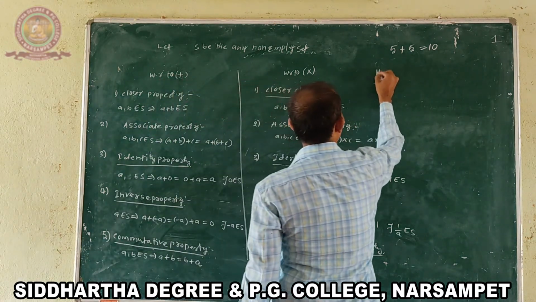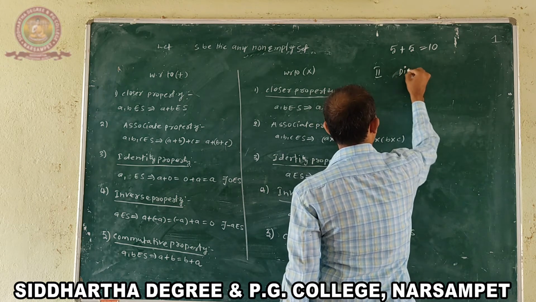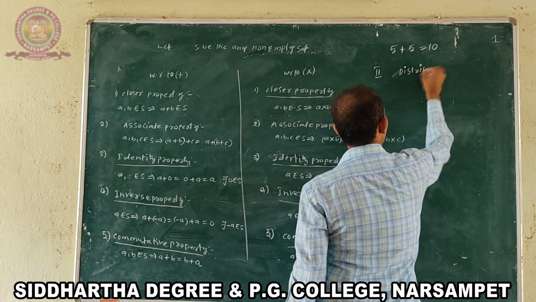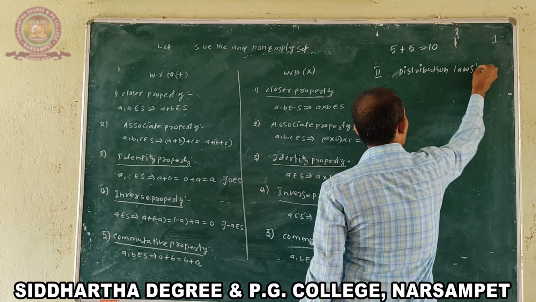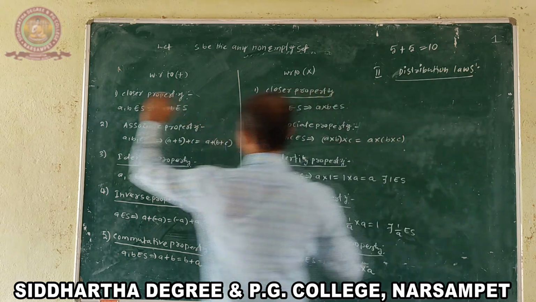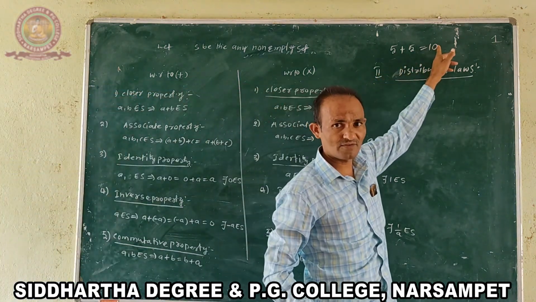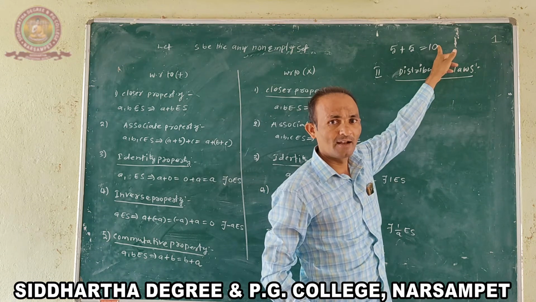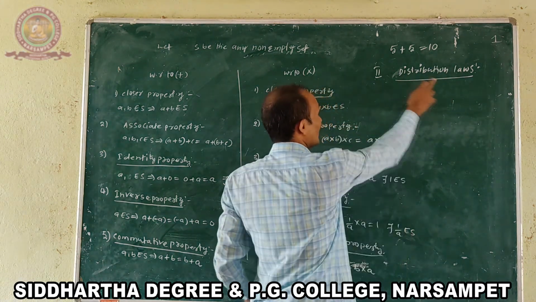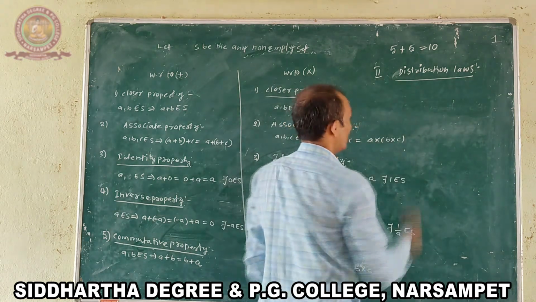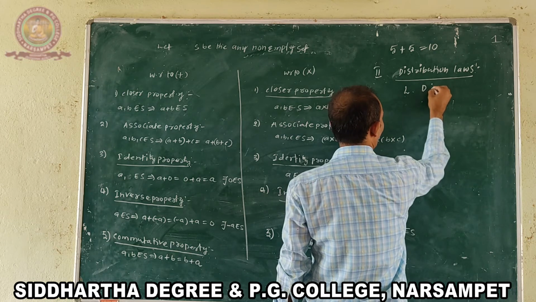Next step, distribution laws. In the first phase S satisfies 10 properties, and in the second phase consider the distribution laws. The first one is the left distribution law.